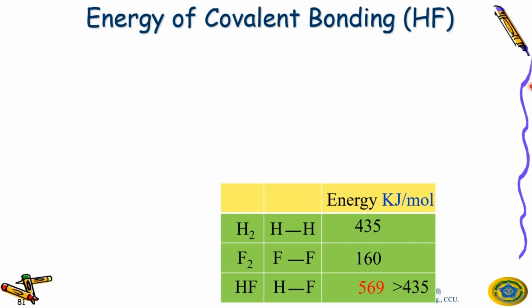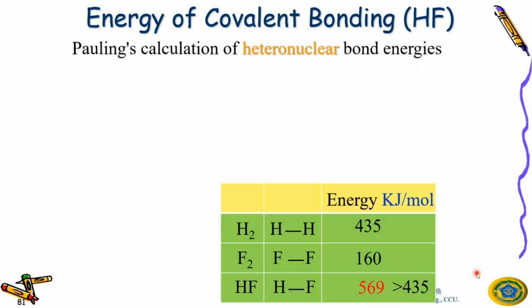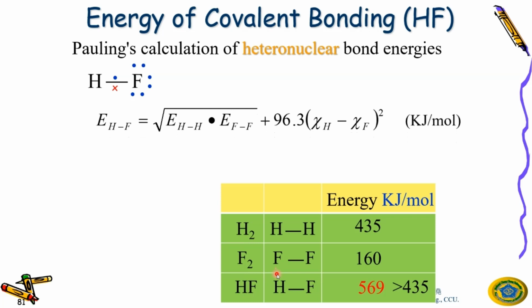So now let's go back to the energy of the covalent bonding for hydrogen fluoride. So how can we get this number? Pauling said that for the calculation of the heteronuclear bond energy, heteronuclear means that you have two different atoms, two different types of element, for example fluoride, you use this equation.